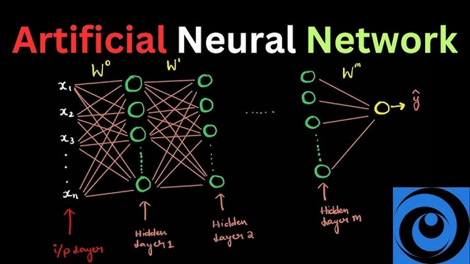Okay, hidden layer 1, hidden layer 2. The input layer, I/P layer. Okay, W power M, you have hidden layer M. The result, the prediction, will be Y prediction.